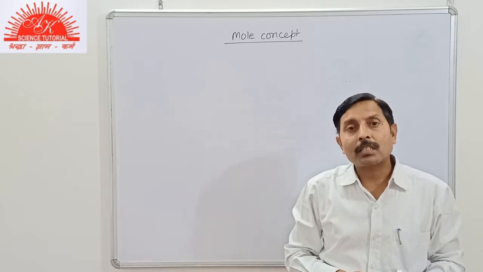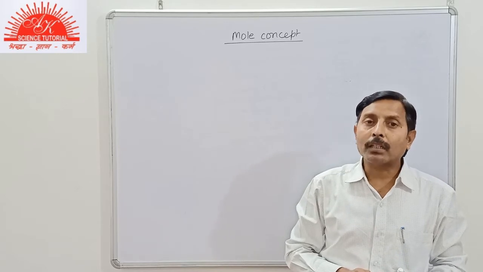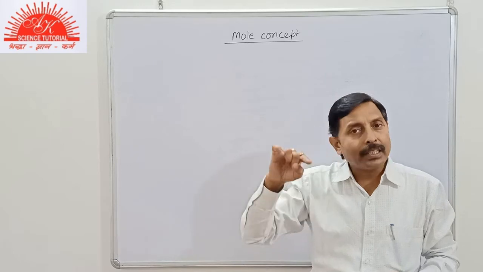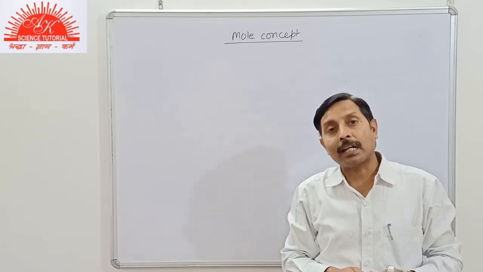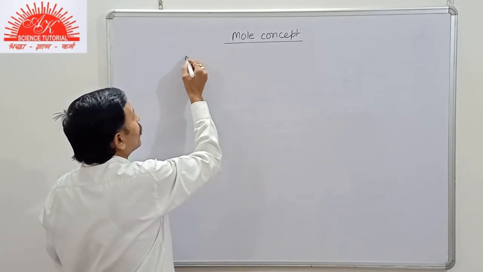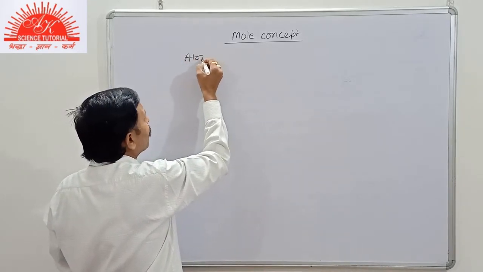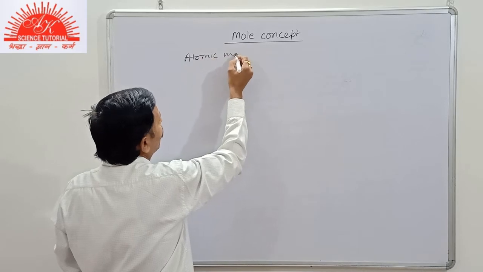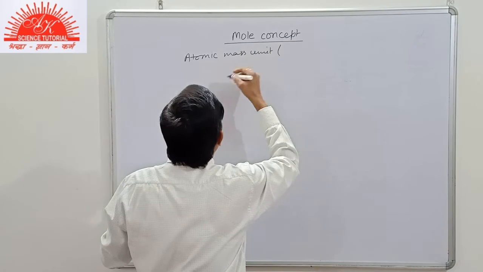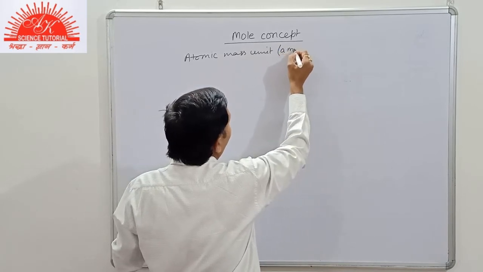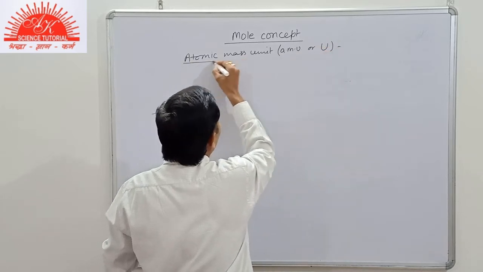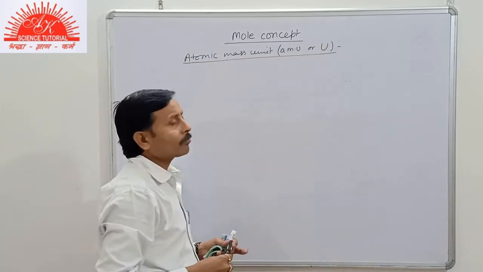Now this is termed as atomic mass unit, which is written as AMU or simply U, that is unified atomic mass. So first of all, we write atomic mass unit. In short, we write AMU or simply U.